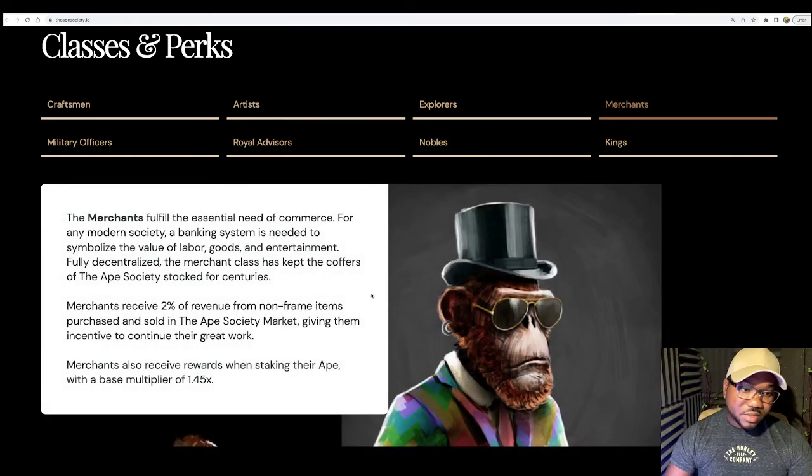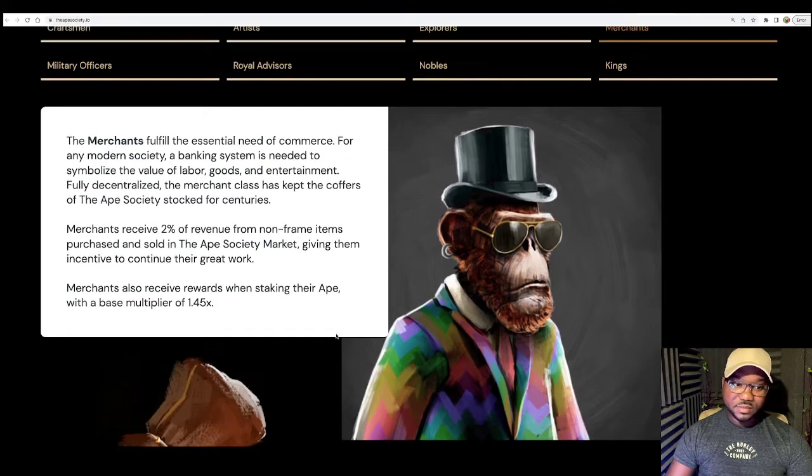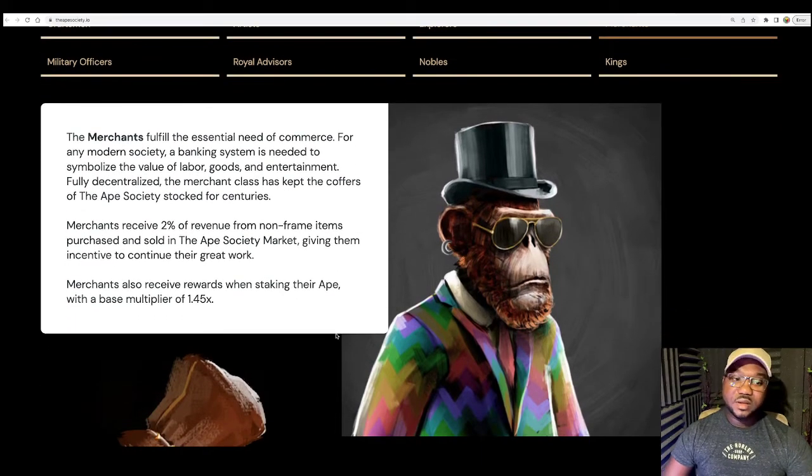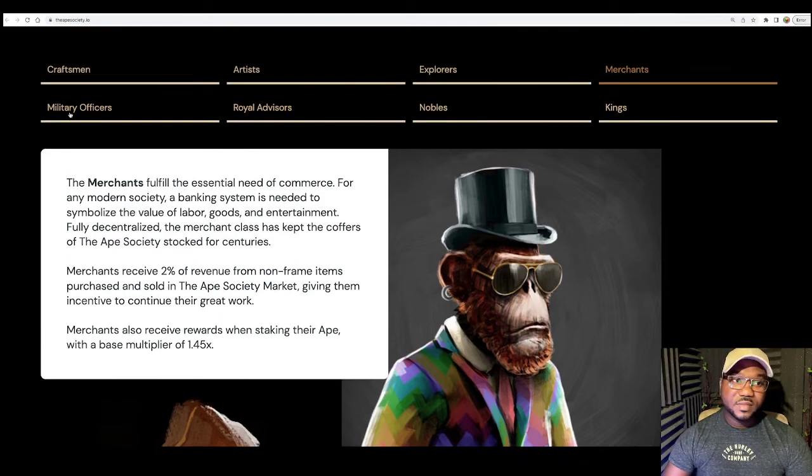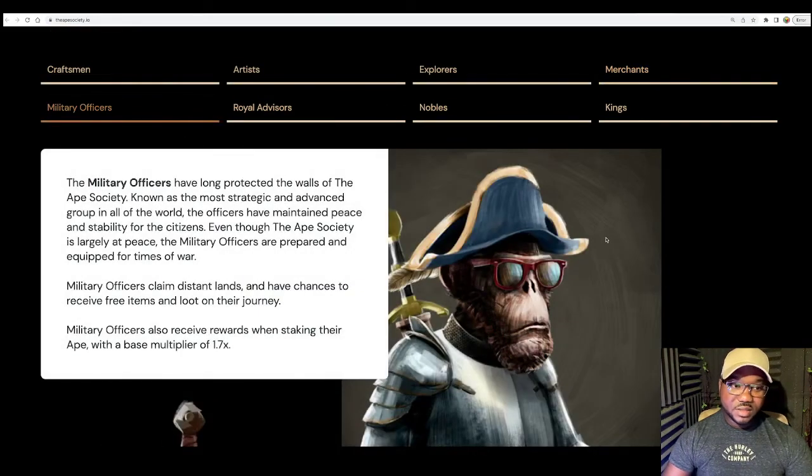Then you have your merchants. Merchants receive 2% of revenue from non-frame items purchased and sold in the Ape Society market, giving them incentive to continue their great work. Merchants also receive rewards when staking their apes with a base multiplier of 1.45. You have your military officers.